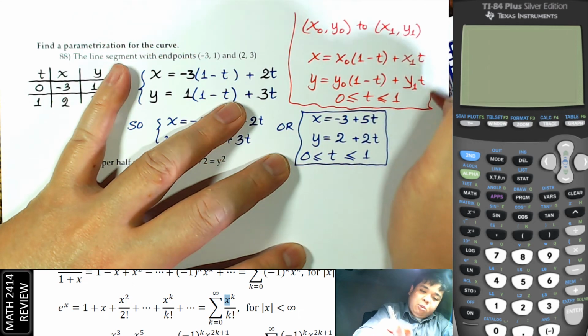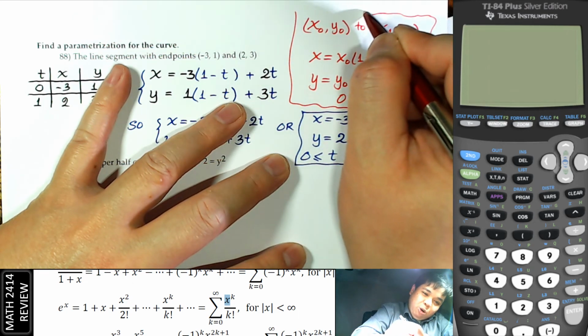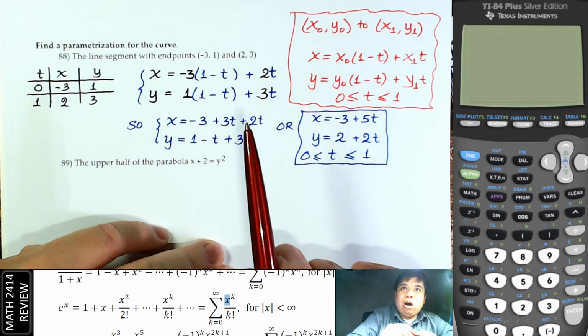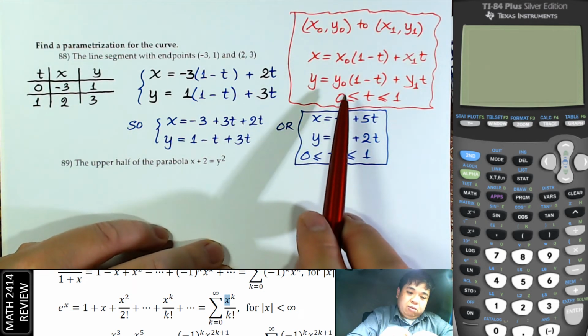So that is the parameterization of a line segment from x0, y0 to x1, y1, and we used t from 0 to 1.